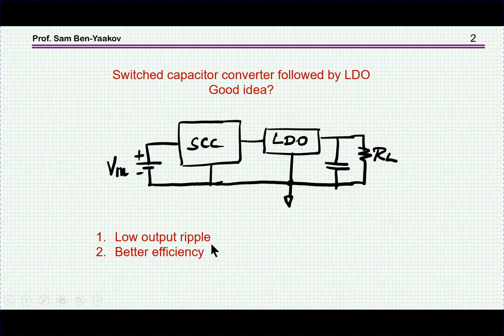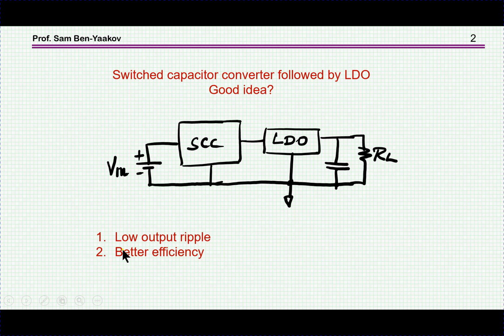So the question that I'm posing at the beginning here is, if I have a switched capacitor converter and then I have an LDO, is this a good idea, and what does it do? In fact, there have been some claims that by this the ripple will be lower at the output. This makes sense because the LDO has a quiet output.